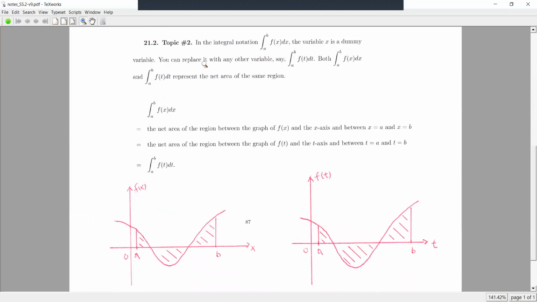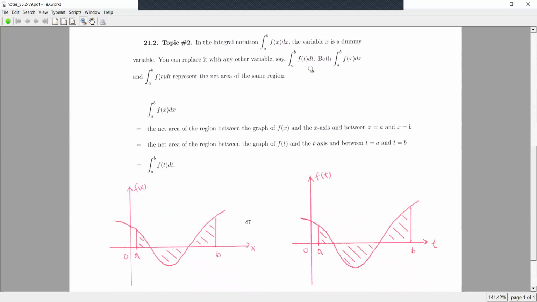You can replace it with any other letter. Say, for example, you can replace x by t. Okay, then we have 2 integrals. Let me call this integral the original integral, and this is a new integral.